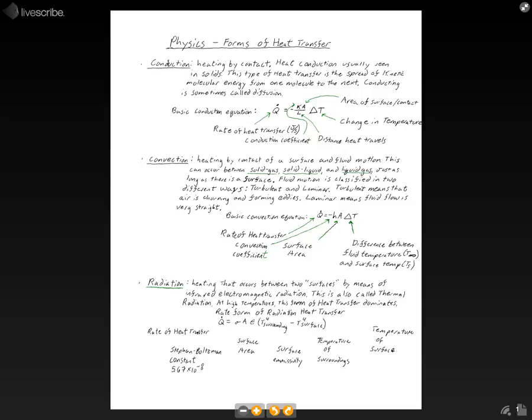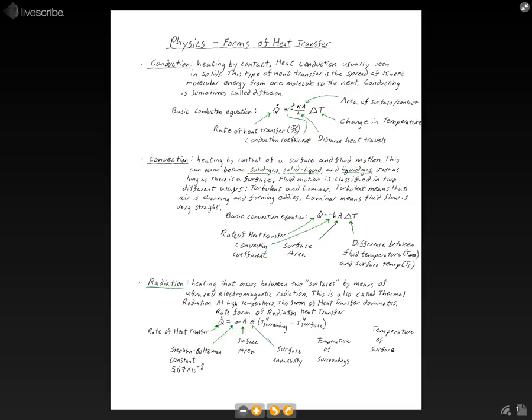So let me explain that a little bit. You have your radiation heat transfer, which is your Q dot. Notice how they're all Q dots. You have something called the Stefan-Boltzmann constant, which is 5.67 times 10 to the negative 8th. Your surface area, and then your surface emissivity.